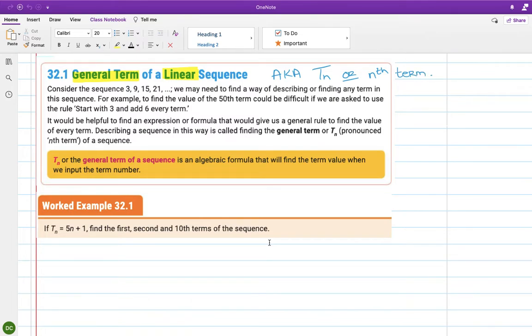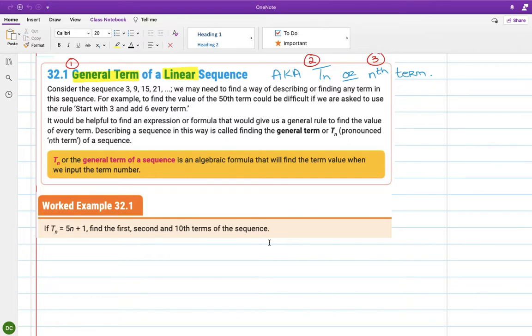So it can be called the general term, Tn, or the nth term. They all mean the same thing. Now what is the general term? I suppose the general term is like a rule that will help you to find any term in the sequence.